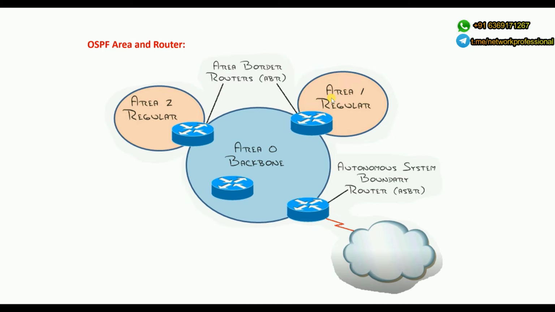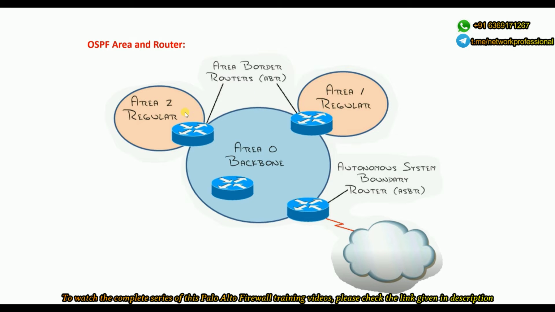You can have multiple areas, that's not a matter, but the communication between different areas will be done only through area 0. Irrespective of how many areas you create, all those areas will be connected to area 0, so the communication between area 1 and area 2 will go through only area 0. So it's referred to as the backbone area.